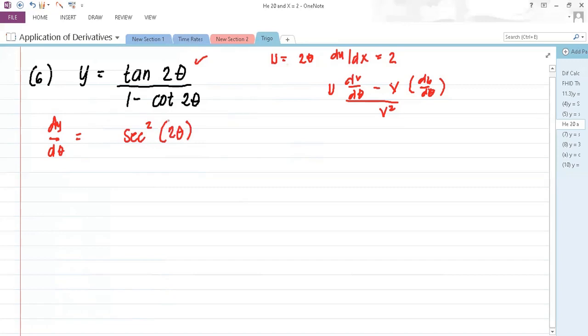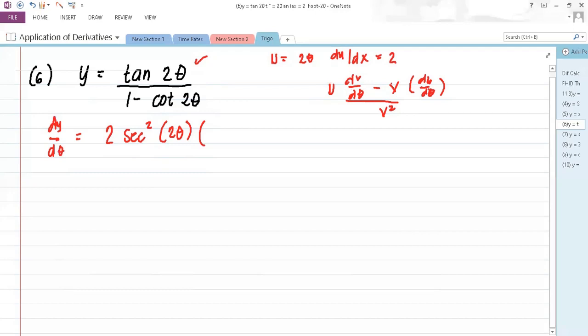Okay, so i-multiply mo siya sa differential ng u, which is 2 theta, 2. So multiply by 2, that is 2 secant squared of 2 theta. That is the numerator. I-multiply mo ito sa derivative ng numerator. I-multiply mo ito sa denominator.